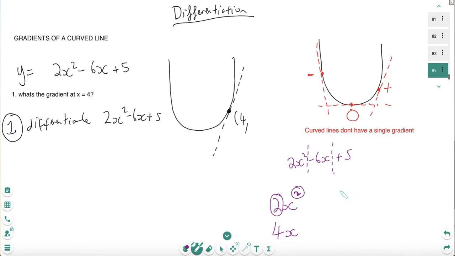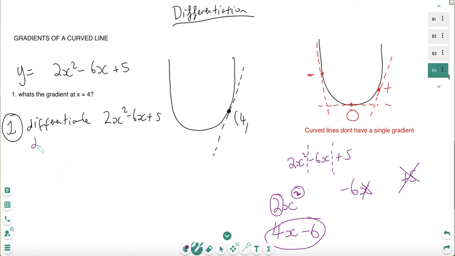Let's look at the second term, minus 6x. For the next one, if you ever have just a single variable x, you're just going to delete it, and it'll just be minus 6. And the last term, the constant, if it's just positive 5, if you want to differentiate it, you're just going to eliminate it. Okay? So that's our final answer, 4x minus 6.